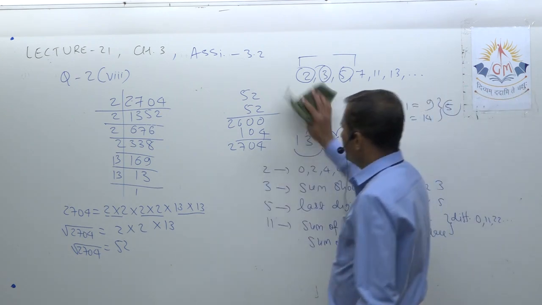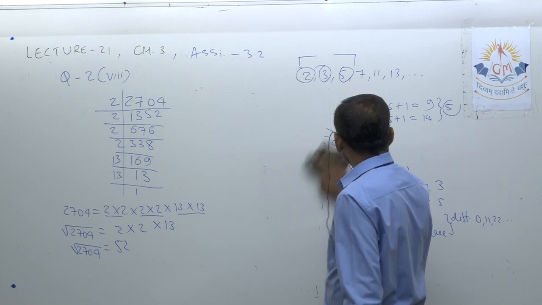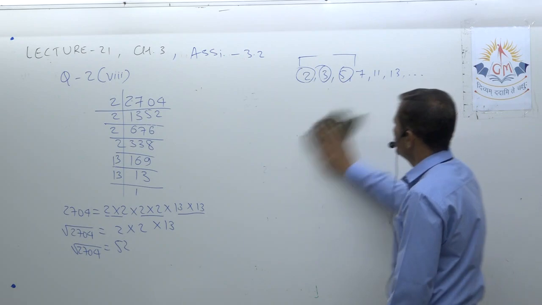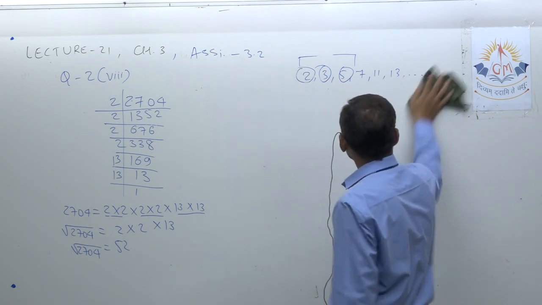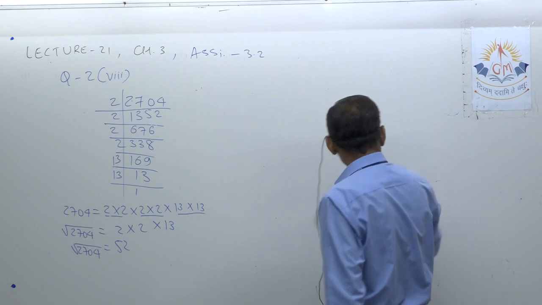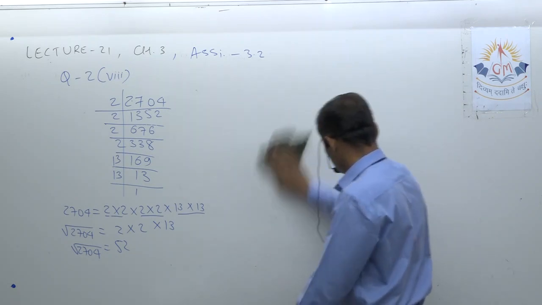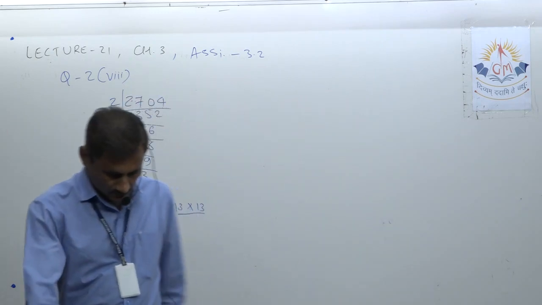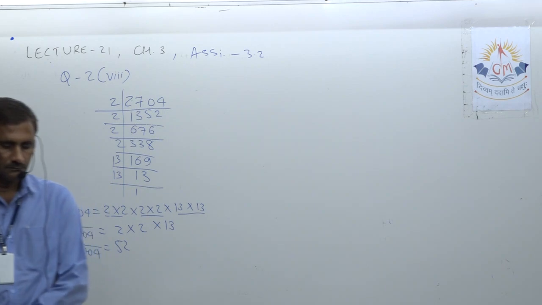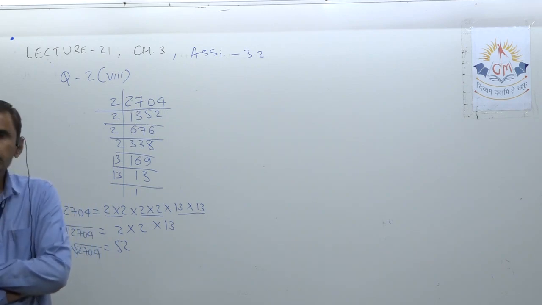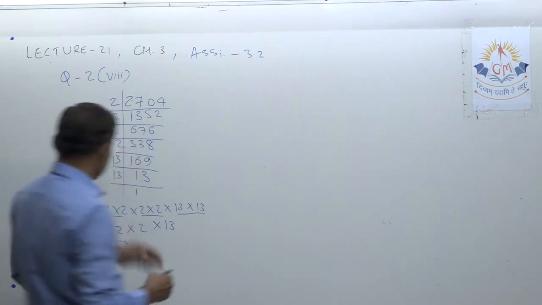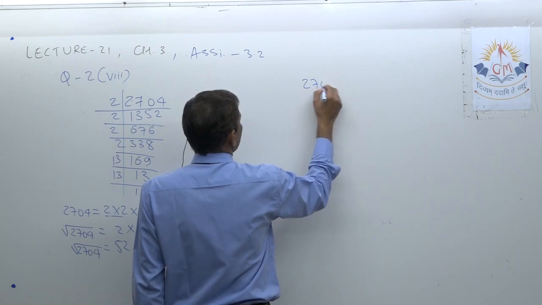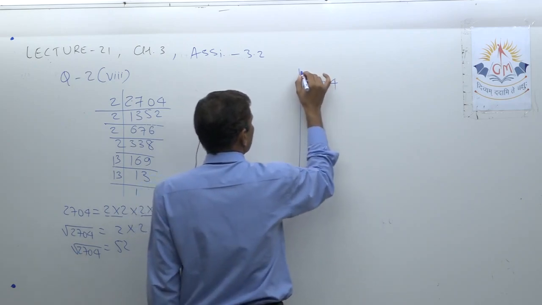Okay, now I will solve the same sum by the long division method also. Now I am finding the square root of 2704 by the long division method.